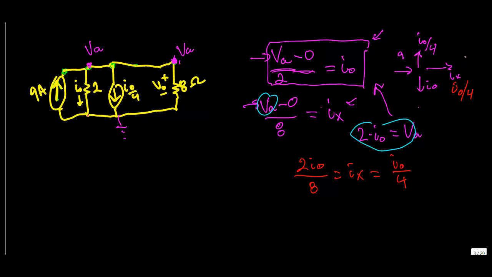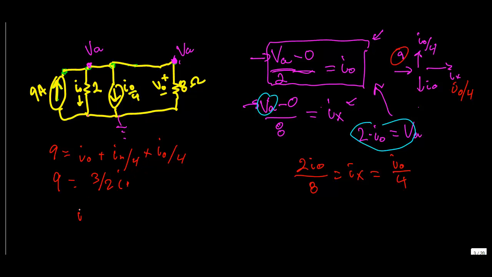So with that being said, now you can do something really easy. We know that the currents flowing in, which is 9 amps, has to equal the currents that are flowing out. So if we say 9 is equal to I/O plus I/O over 4 plus I/O over 4, now we have 9 is equal to 1 I/O, and then there's 2 quarters, so 1.5 I/O, so it's 3 halves I/O.